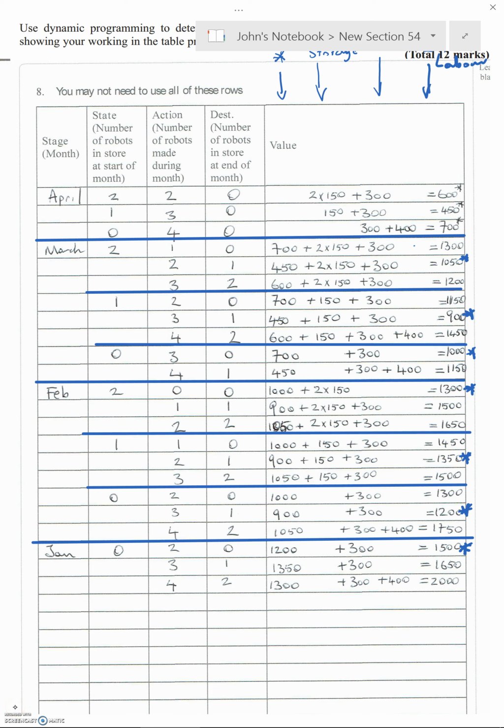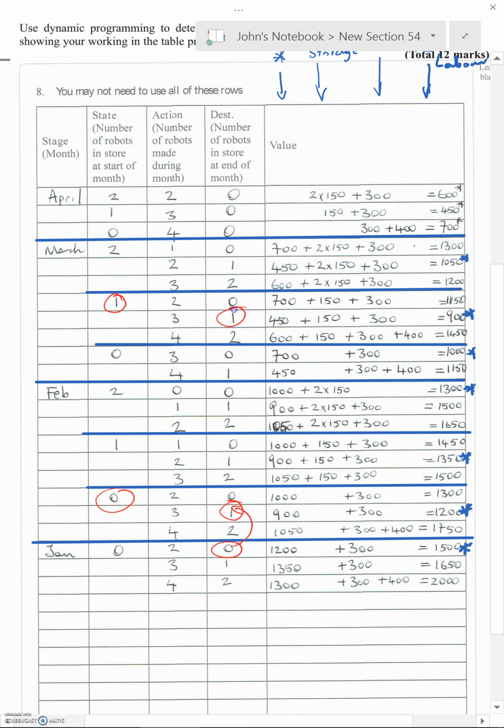So now we can actually trace back. We started off with our optimum, our destination is 0 here. So that becomes our state where the optimum one is 1 here, because we got 0. And the optimum there is 1. And then we're looking to the most optimum for state of 1, because that destination from February becomes a state of 1 in March.